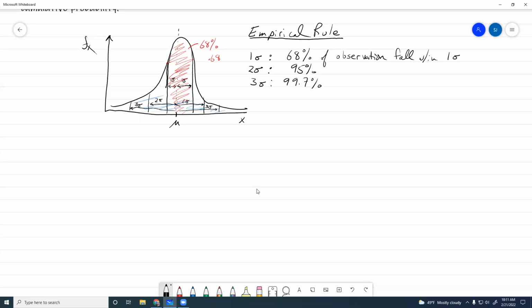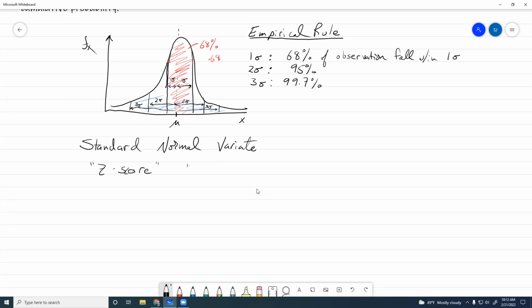Now let's review the standard normal variate, which we defined and calculated last time. Remember, this is called the z-score.